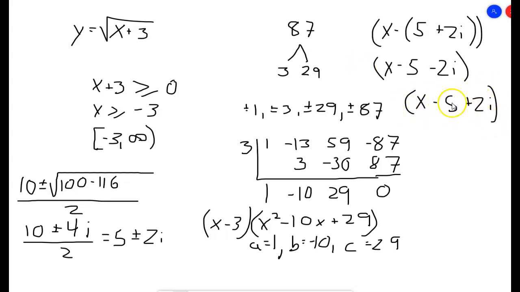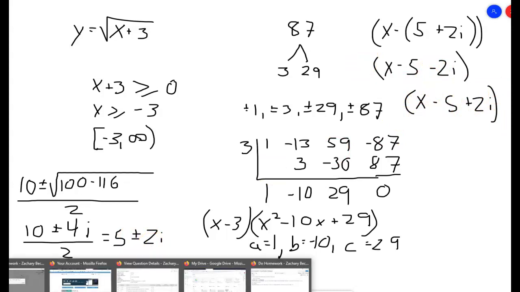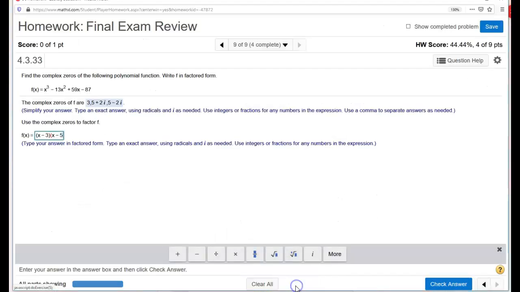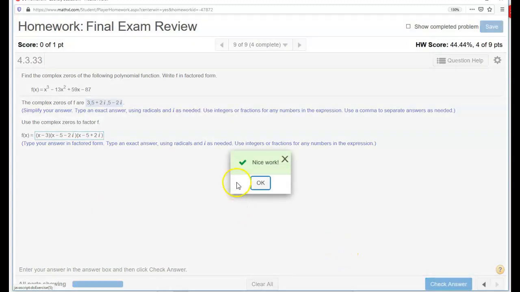So those are going to be simplified versions of the factored zeros for my imaginary numbers there. All right, so let's go back up to here. So x minus 5 minus 2i. And finally, x minus 5 plus 2i. Should be alright.